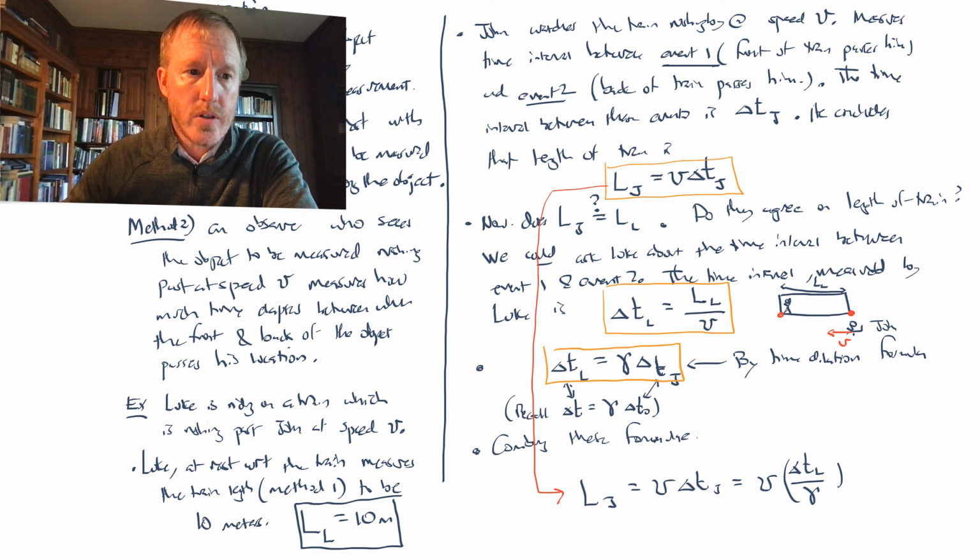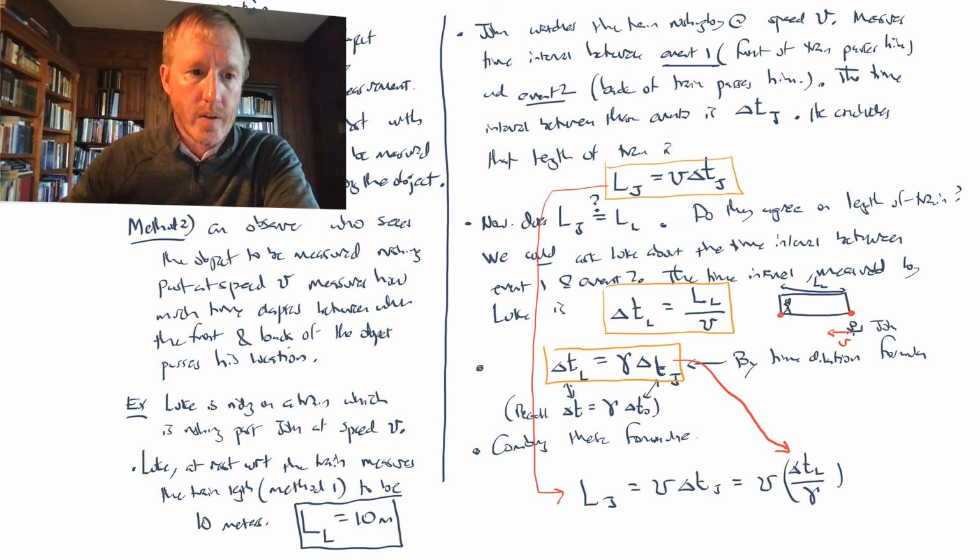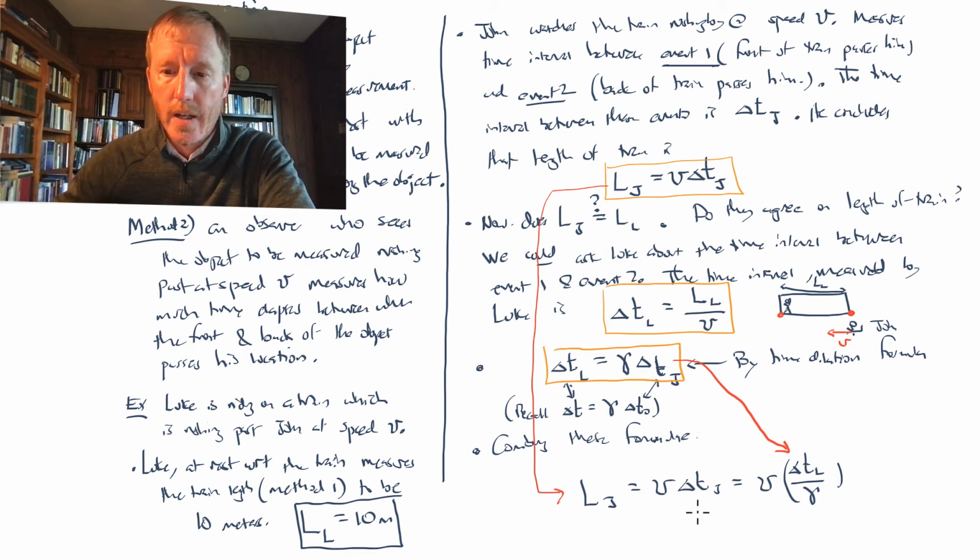I'm rearranging this formula right here, solving for delta t according to John and plugging it in. Now I'm going to factor out the 1 over gamma, times the velocity times delta t according to Luke.